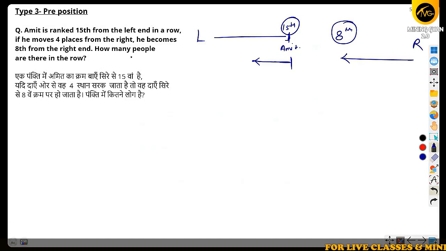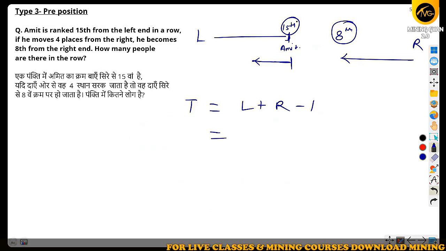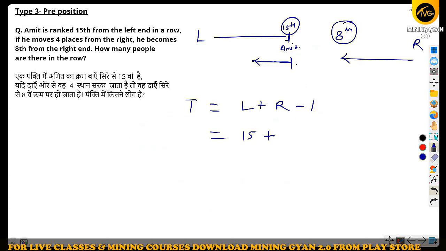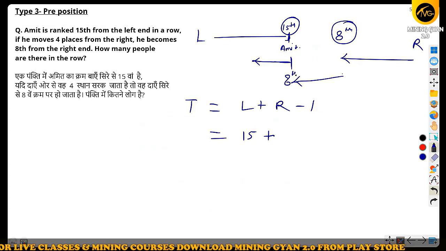Okay, how many people are there in the row? Again, you can use t is equals to l plus r minus 1. Now you can calculate left position, Amit's position from the left, that will be 15th plus 12th position, because the position is 8th from the right after moving, so originally it will be 12th position.